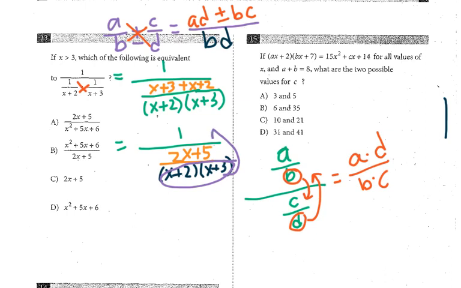That's why you need to jump to the top. Then you will get x plus 2 times x plus 3 over 2x plus 5. Then you can do the FOIL, and your answer will be B.